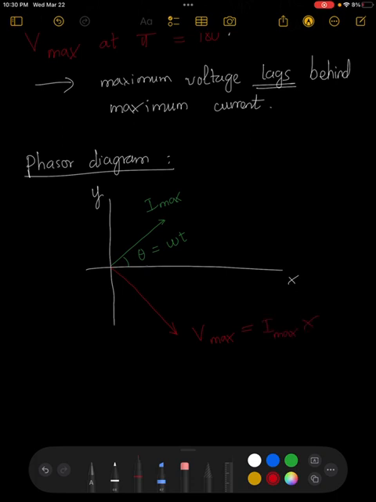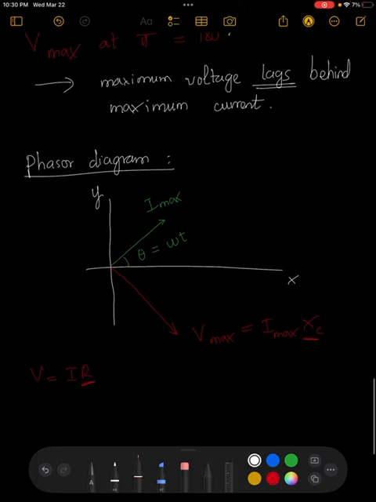times X of C, knowing that V equal to IR, right? But here, in this case, it's an AC capacitor circuit. So instead of writing R here, we're writing X of C. Okay.